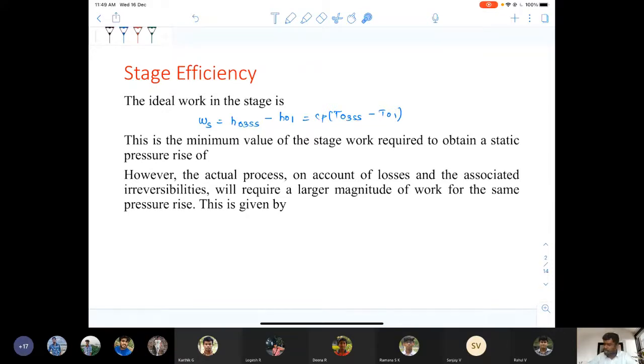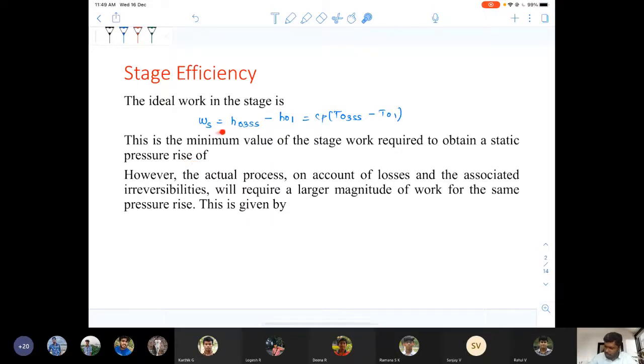Now, this is the minimum value of the stage work required to obtain the static pressure rise.